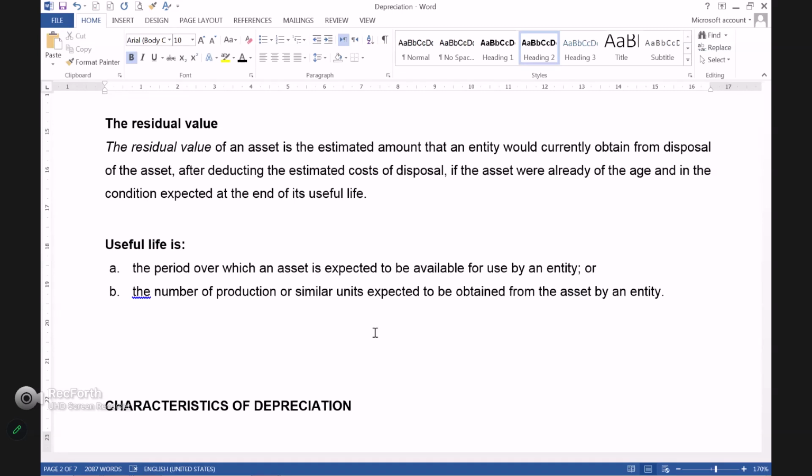So after that, the useful life is over. So that is called a useful life. The number of production. Sometimes some machinery is producing a product, for example, 1 million output done by that particular machinery without any interruption. So that is the useful life of 1 million production.